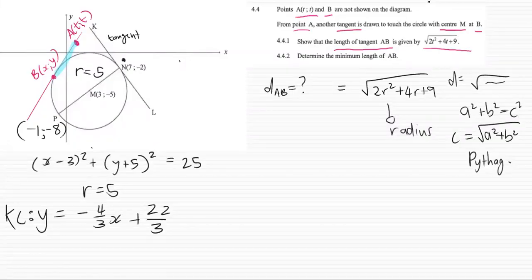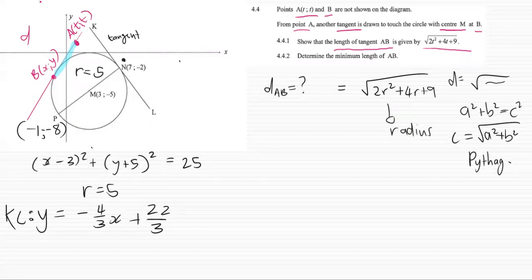I'm looking at this pink line that I've drawn in for myself, and since it's a distance that we're looking for, we don't know what A is. We need this in terms of the radius. Currently I still can't work out what A is using just the distance formula.